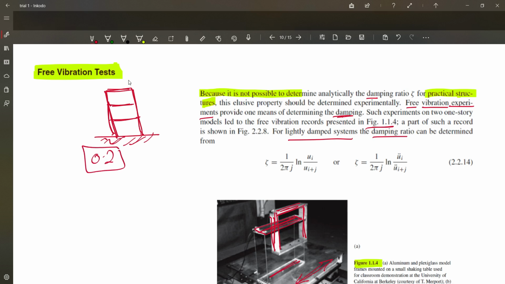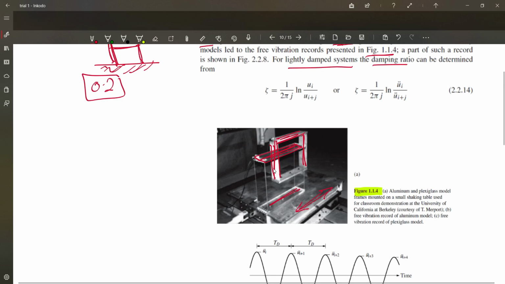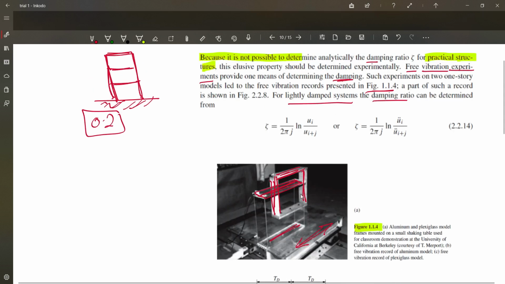So in this case, if we are going to make an experiment for the model and we put a test model on a shaking table, we can use the equations that we have derived before. These are the two equations.